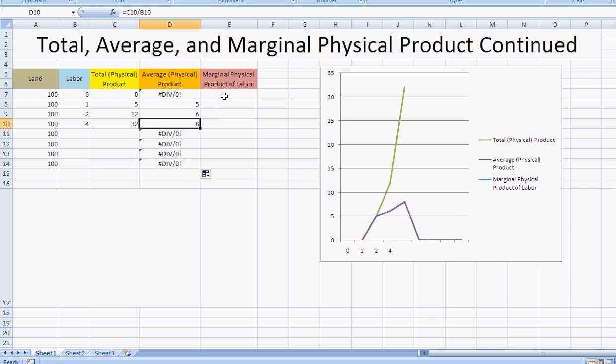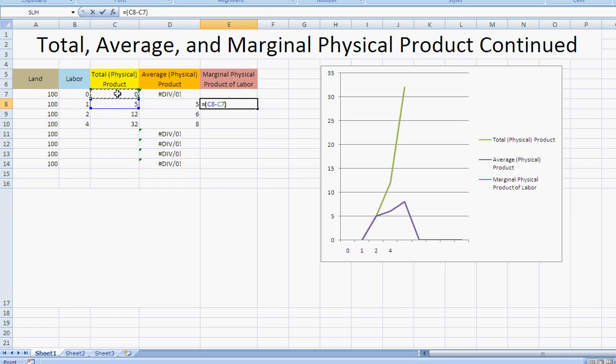Then marginal physical product, if you remember, does not exist for the first row either, so we'll start this one on the second. Marginal physical product is the change in total physical product, and the way I'm going to represent that is this row right here minus this one.